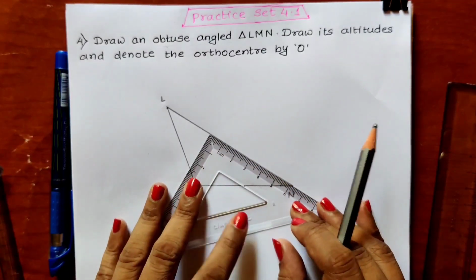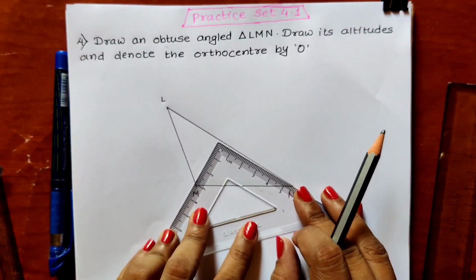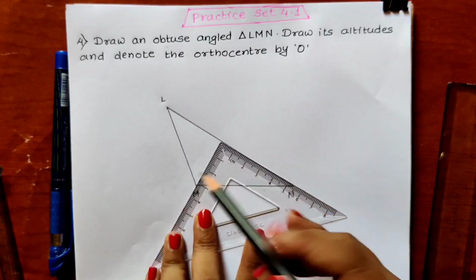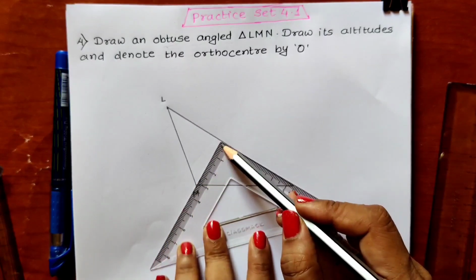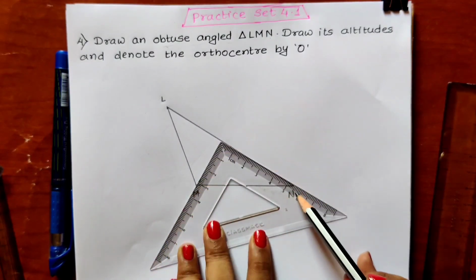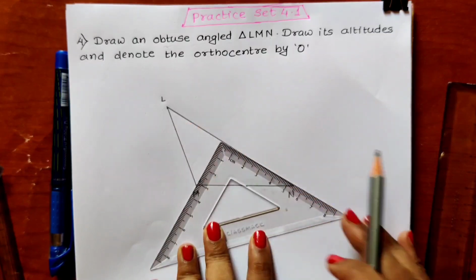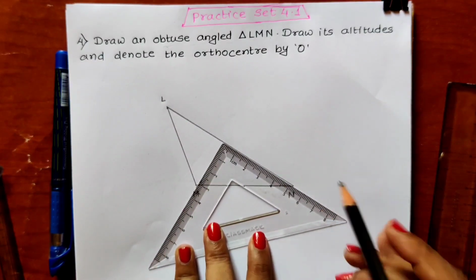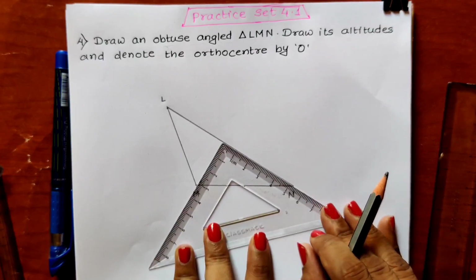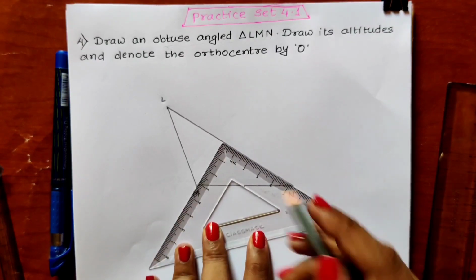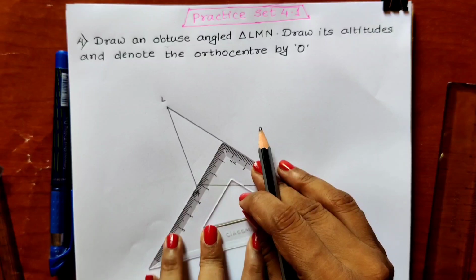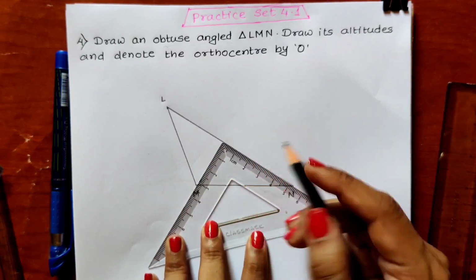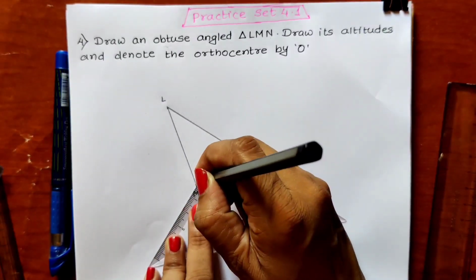This side is passing through point M and this side is coinciding with side LN. See that the side should coincide properly, and then the other side should pass through point M in this way.